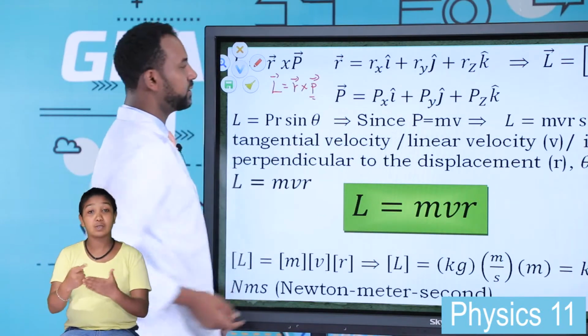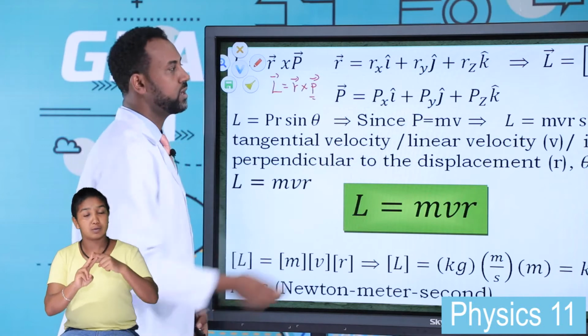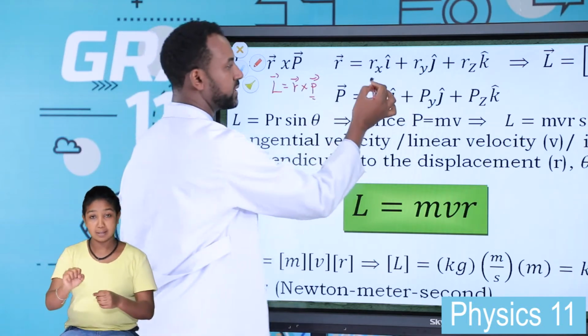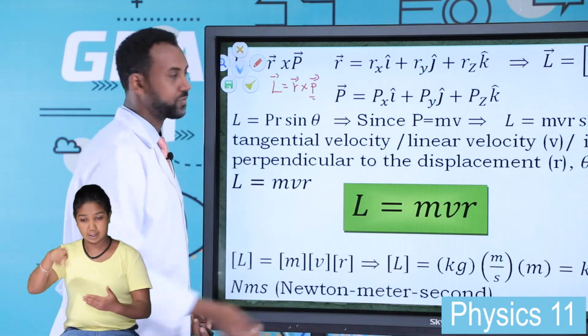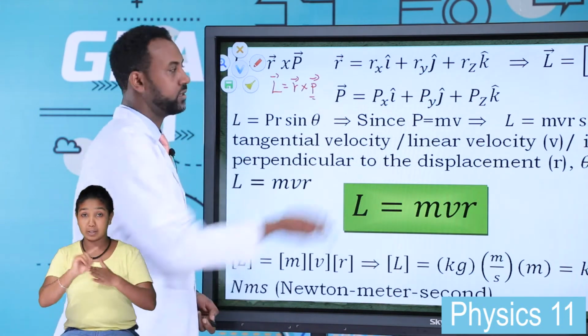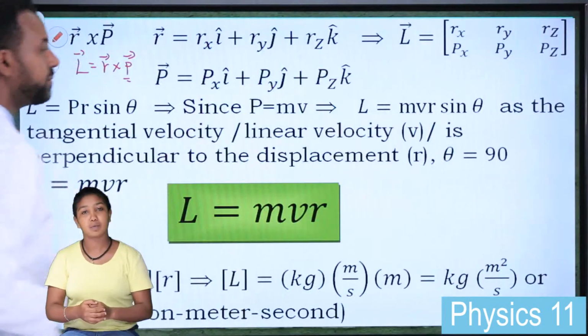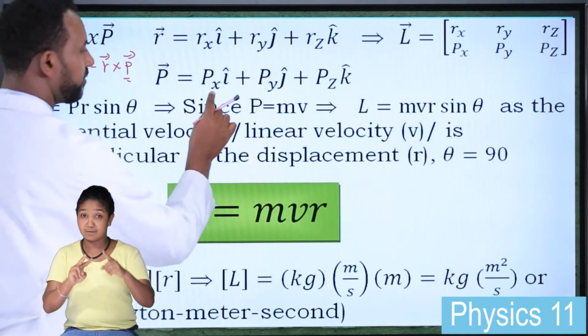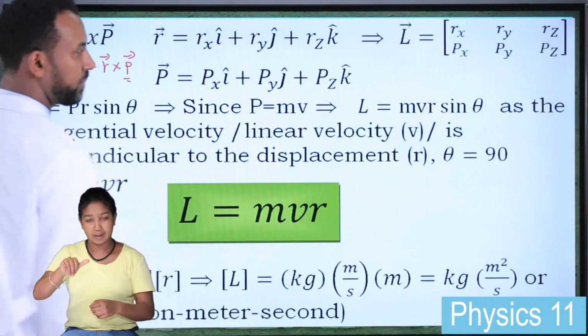It's possible to write this using unit vector notation, as r might be expressed as rx in the i, ry in the j, rz in the k. It's a vector quantity. Momentum is also a vector quantity. It's possible to have Px, the momentum along x, the momentum along y, the momentum along z.